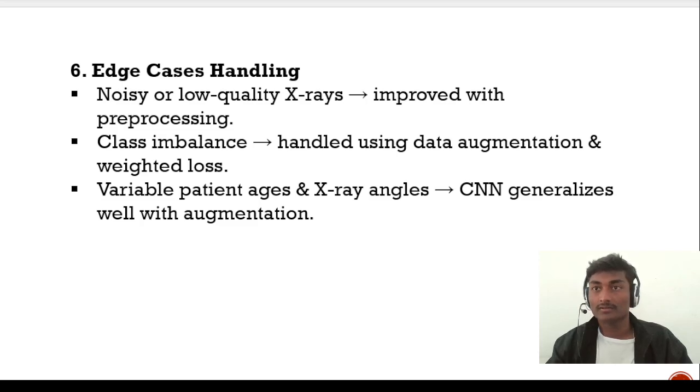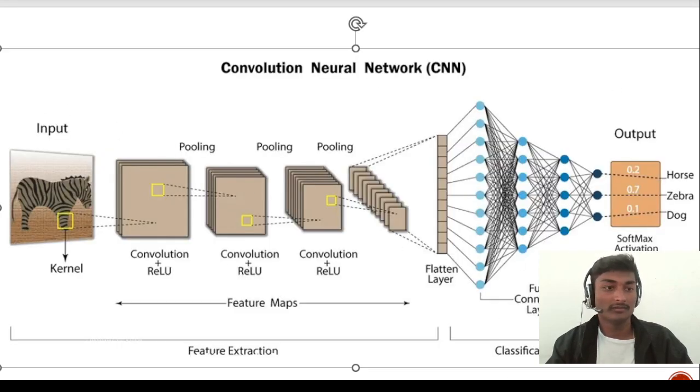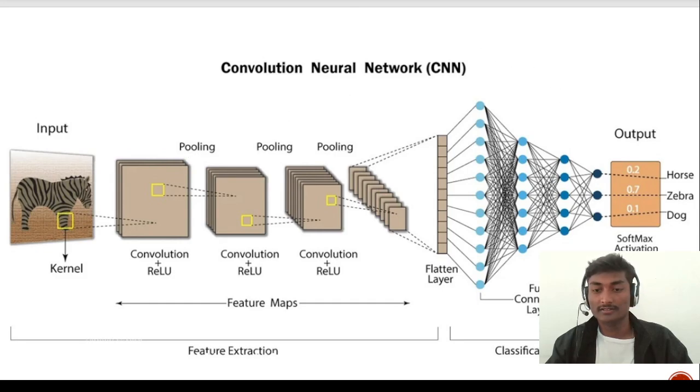Next, moving to the next slide. Here you can see the convolutional neural network.